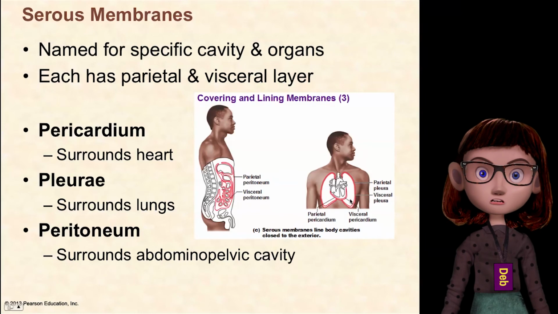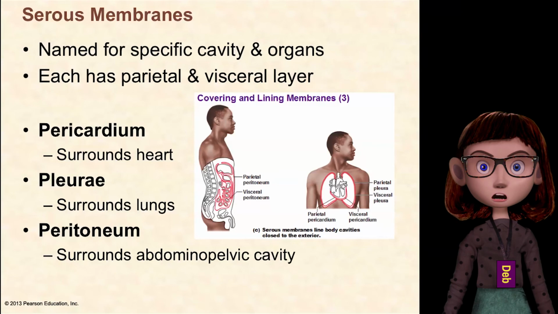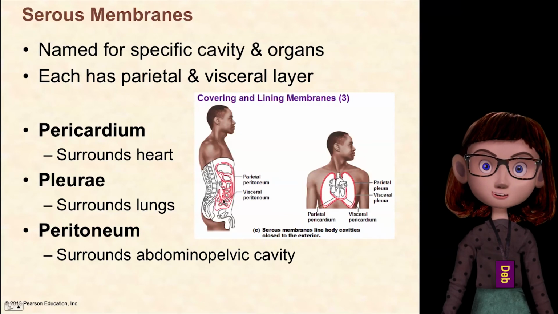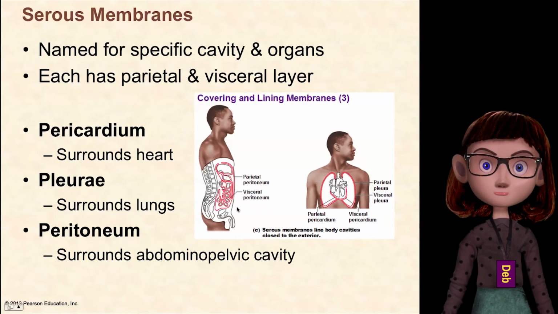You have your visceral pleura that are sticking tightly to the lungs, and the parietal pleura will be adhering to the thoracic wall. Your visceral peritoneum is actually adhering very tightly to the surfaces of your viscera, and then the parietal peritoneum adheres to the abdominal wall.